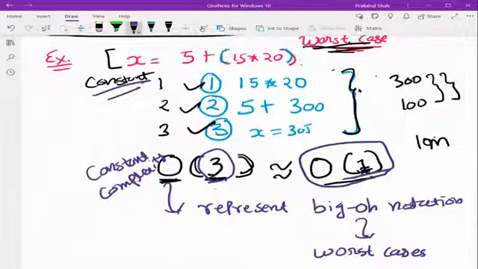Every constant complexity, no matter what it is, like 1, 2, 3, 100, since it is a constant term, it will be represented by order of 1, because in any case it will be constant. No matter what you change, no matter what you take, it will take 3 steps only. Yes or no?